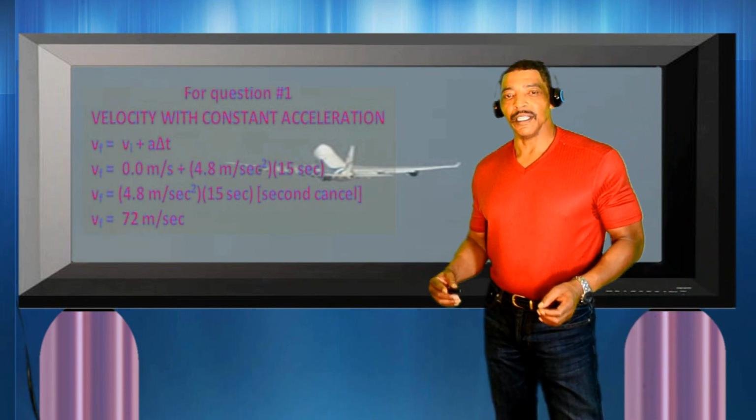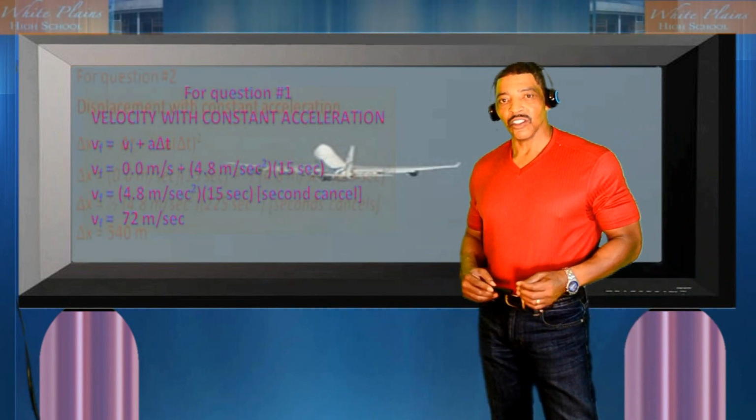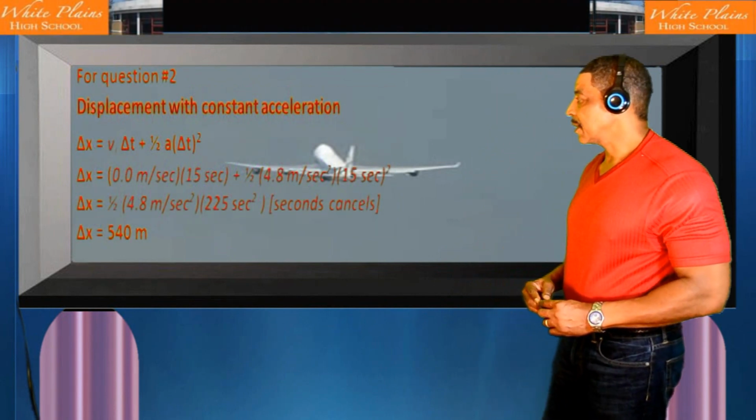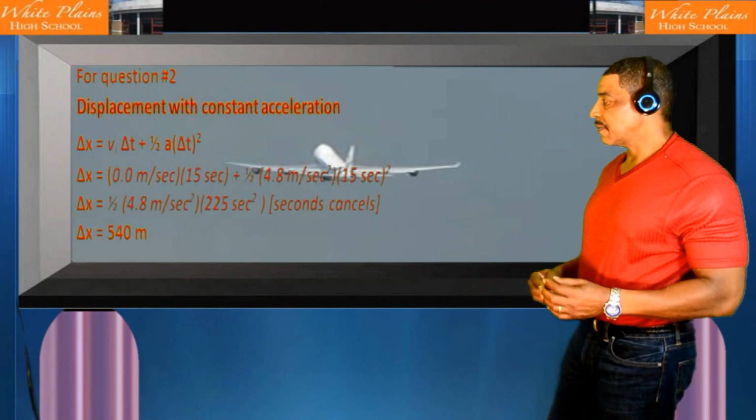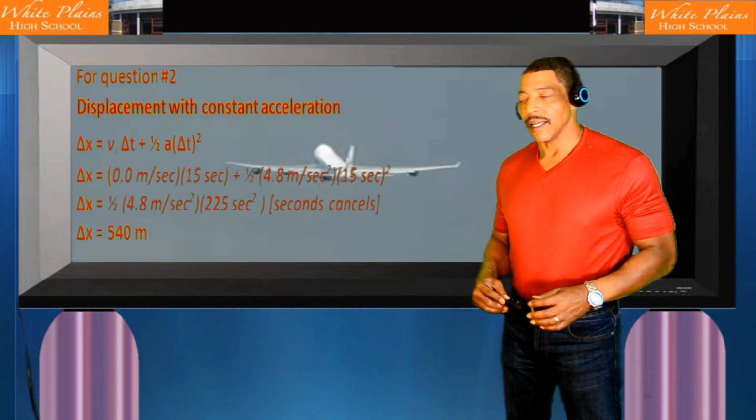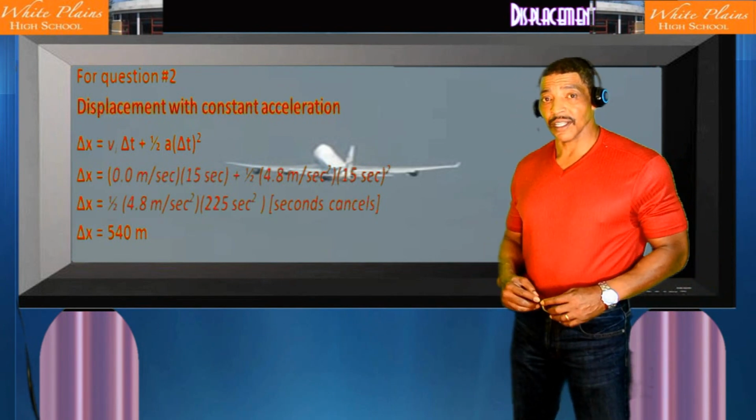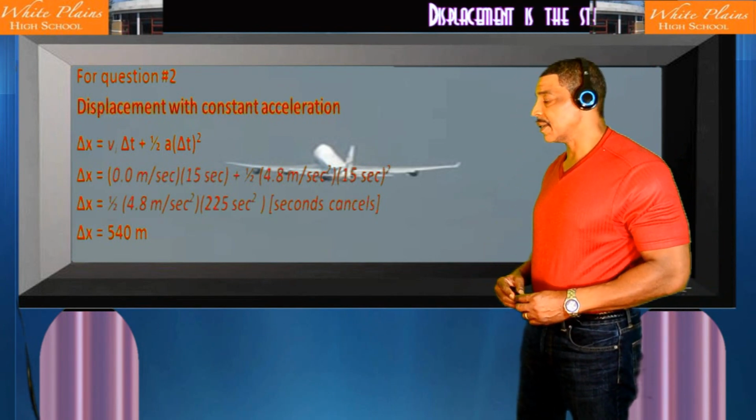Now let's determine the minimum length of the runway, the displacement delta x. Delta x is equal to v sub i delta t plus 1/2 times acceleration times delta t squared.